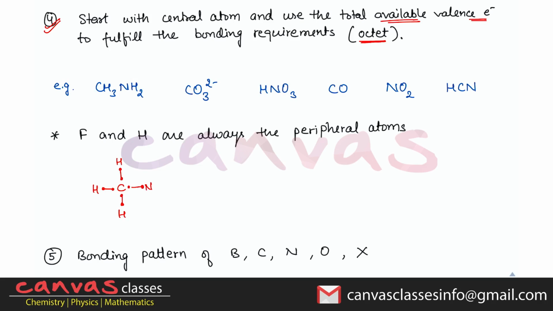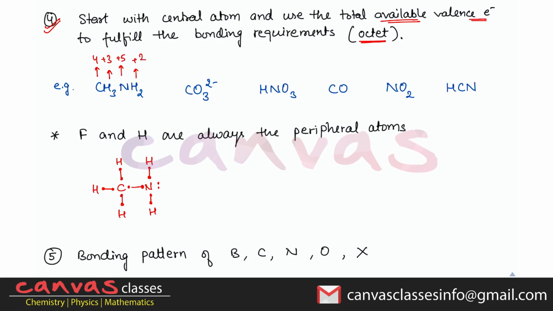Nitrogen again, it can form a total of 3 bonds, here, and 1 lone pair, right? So carbon has a total valence of 4, 3 hydrogen has a total of 3, nitrogen has 5, and 2 hydrogen has 2.